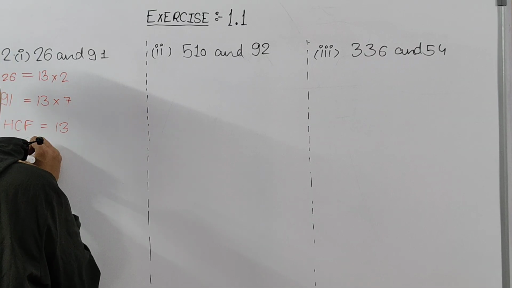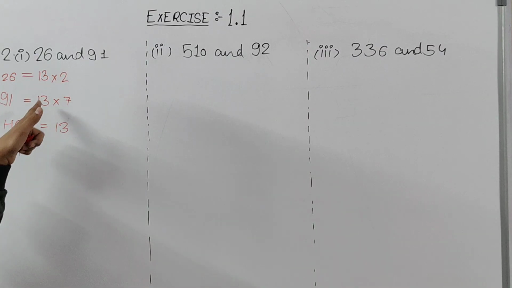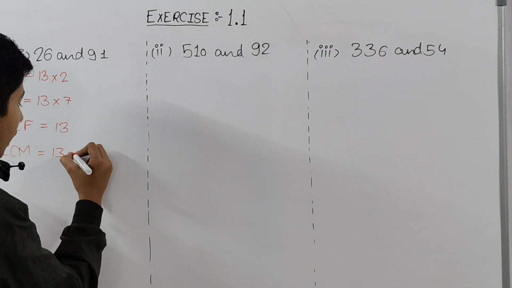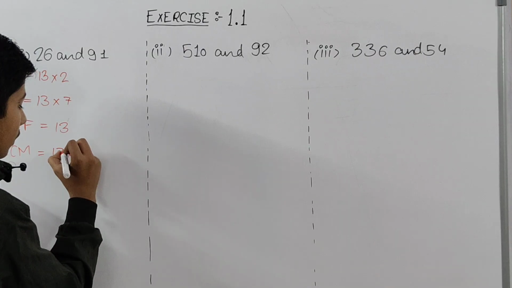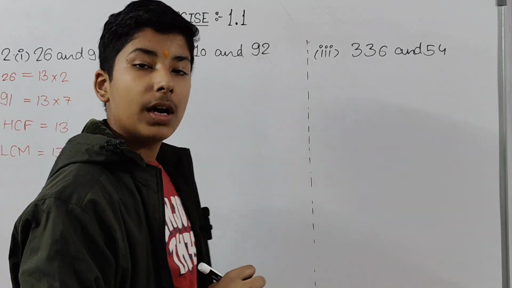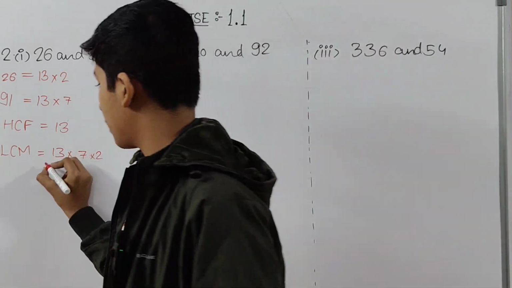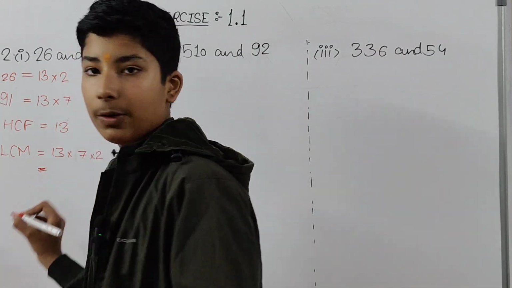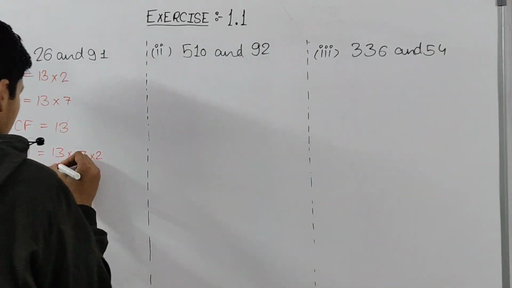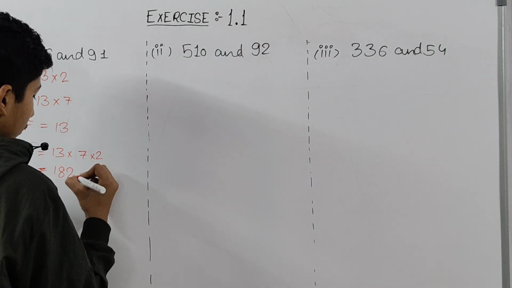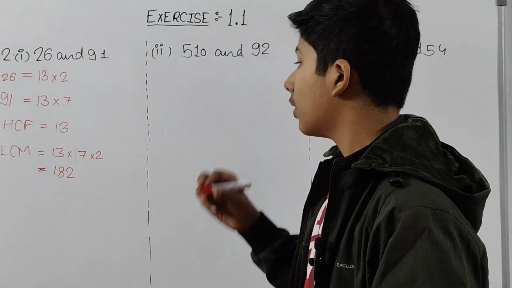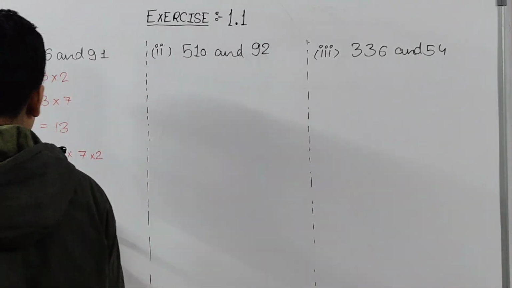But for LCM, 13 is common, so we'll take 13 and 7 into 2, because we know in LCM we take the highest power. So 13 into 7 into 2 is 182. Okay.